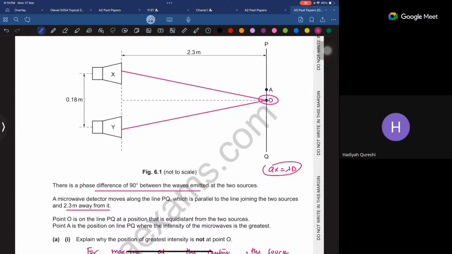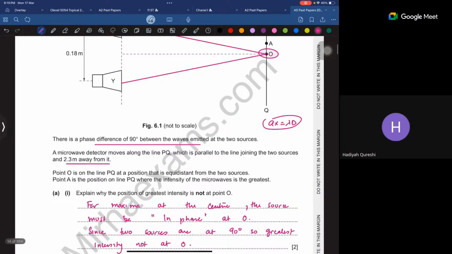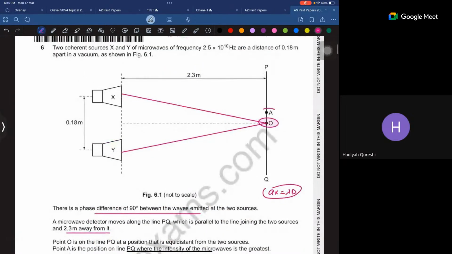I think point A is the maximum intensity. So I think there has to be a point B where... and what is O actually? It is equidistant. Hmm. We have to think actually. This is tricky, huh?